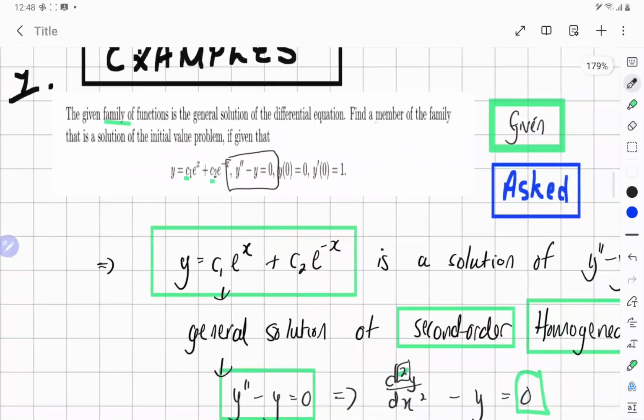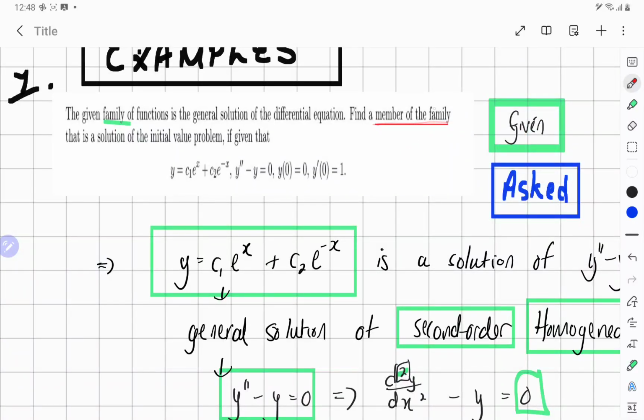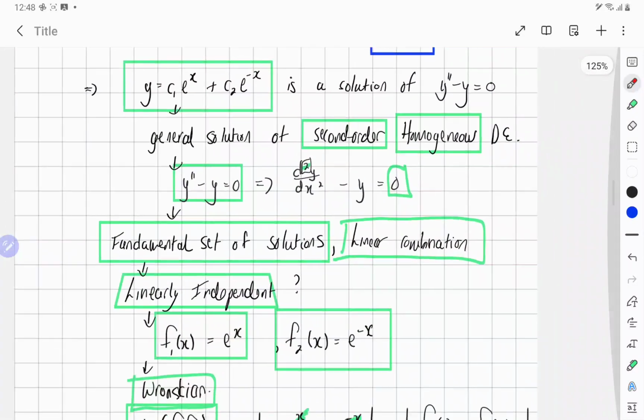So that's why they told us here that the family of functions will be a general solution. But now they say find a member of the family that is a solution. When we have to find a member of the family that is a solution, so this is very important, we need to solve for c1 and c2 given the initial conditions.